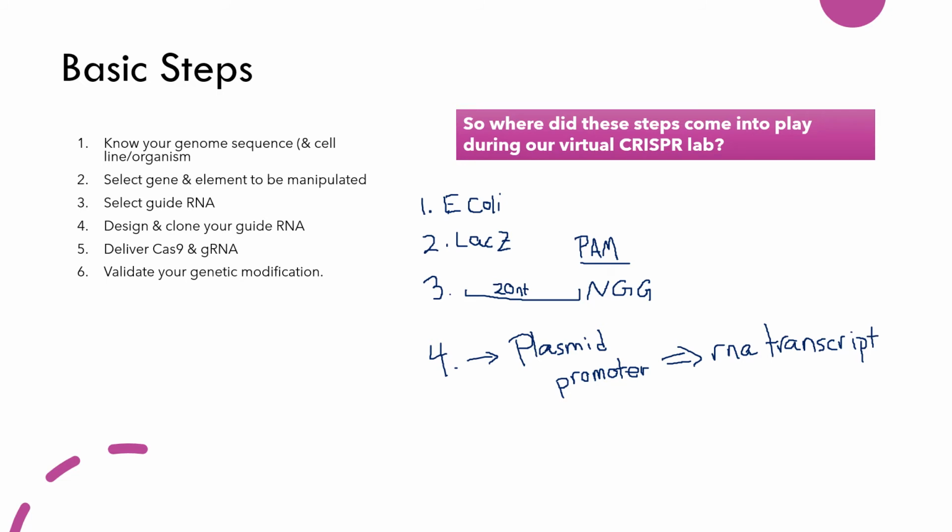So then once we made this plasmid with our PAM site and our guide RNA target in it, we need to get them into E. coli. So what we did in the lab, because it's E. coli, we did a bacterial transformation.